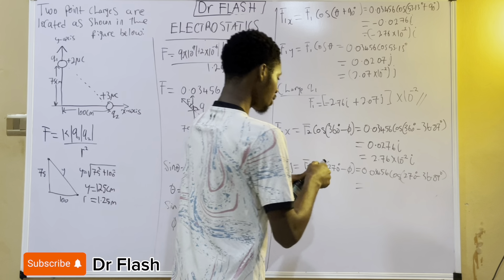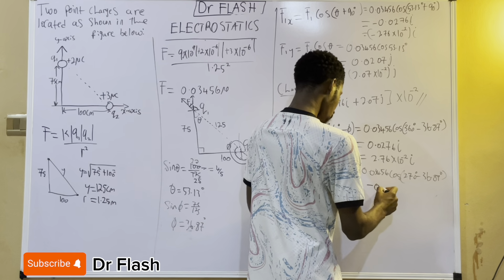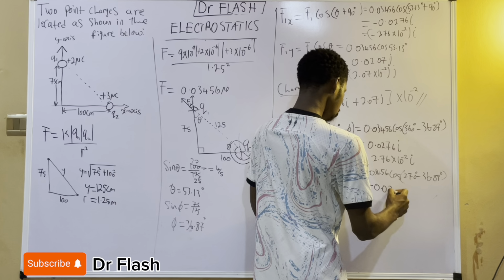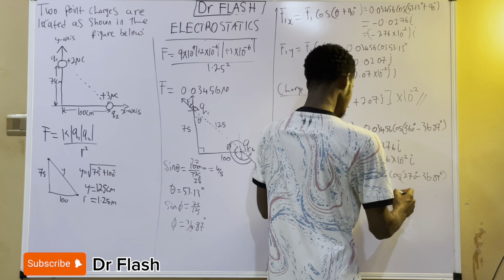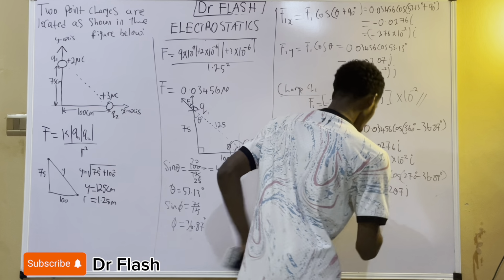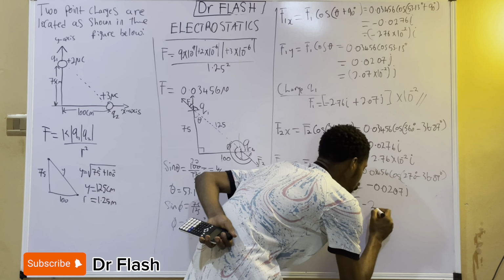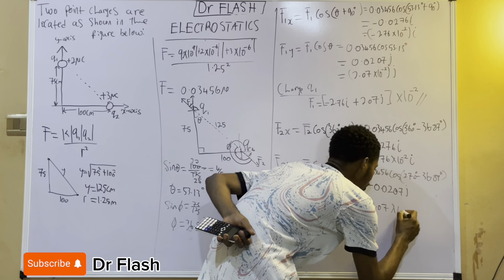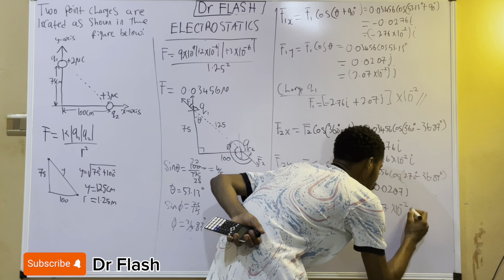That will give a value of minus 0.0207 j, or minus 2.07 times 10 to the power of minus 2 j.